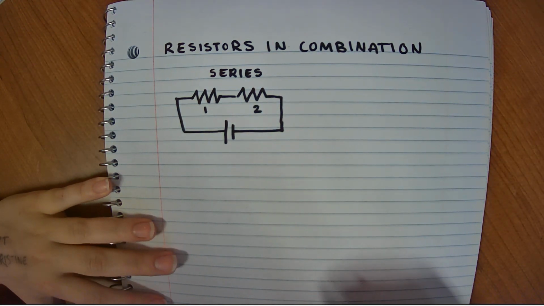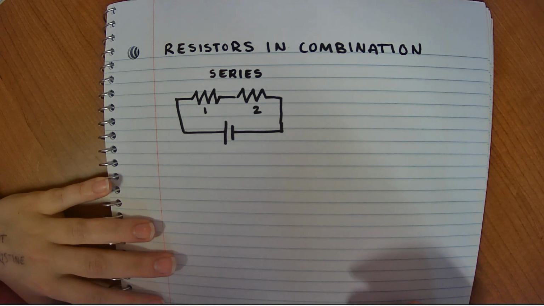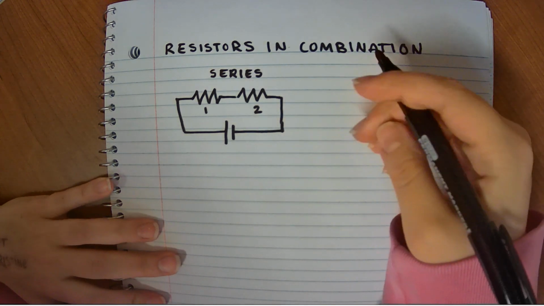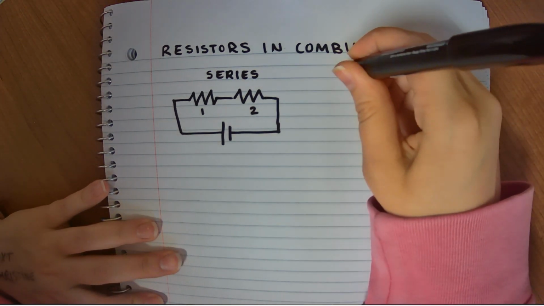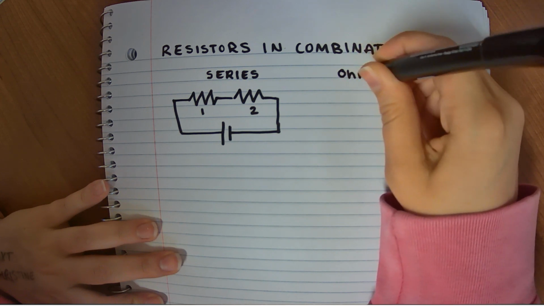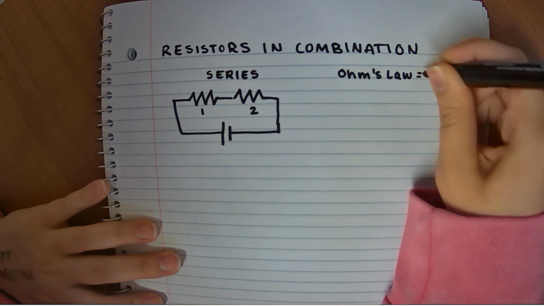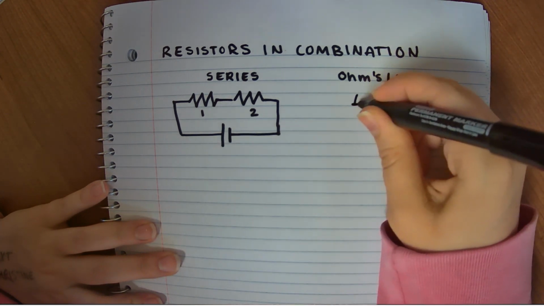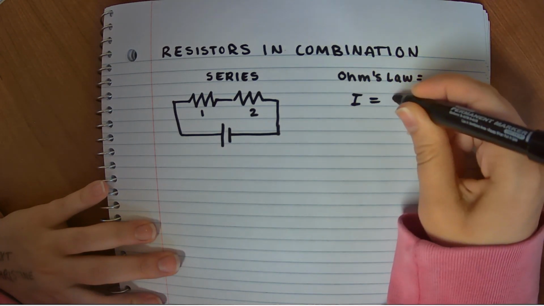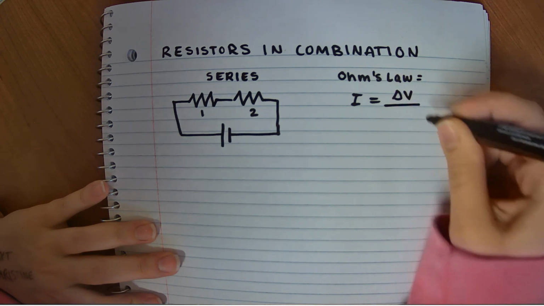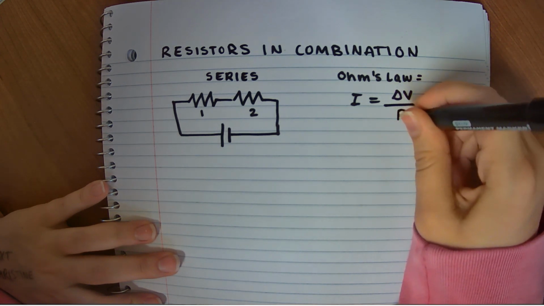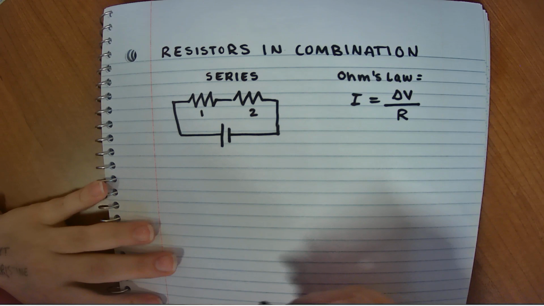As we know from previous discussion about how circuits work, we have something called Ohm's law. And Ohm's law states that the current is going to be equal to the potential difference divided by resistance.